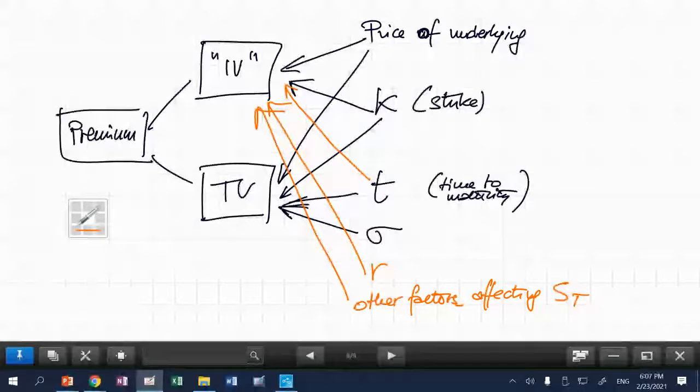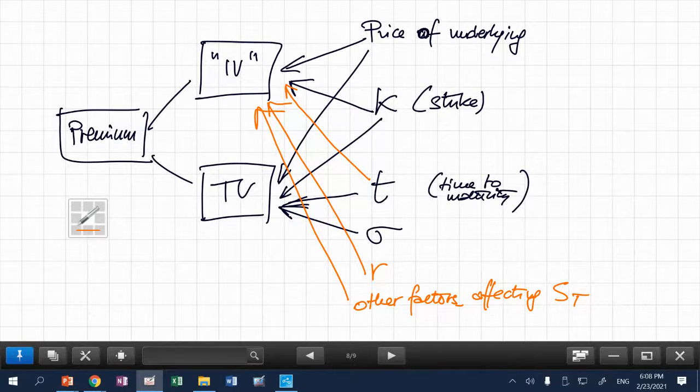Imagine you have an option on a currency. A forward price of a currency depends on what? The spot exchange rate plus the 2 interest rates on the domestic and the foreign currency. Okay? So you would not have just one risk-free rate, you would have 2 risk-free rates.